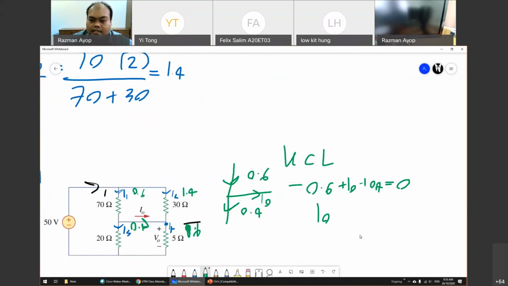So I out is basically 0.6 minus 0.4. Make sure you be careful with the direction. So if the direction is out, you put positive. If the direction goes into the node, you put negative. So I out is 0.2 ampere.